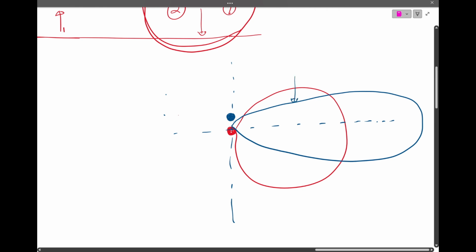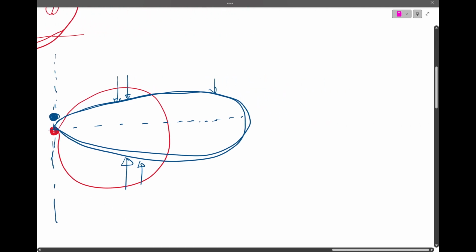It became narrow and more directional, as you see. Approximately 3 dB directional gain will be there, and the beam will shrink in the direction in which the antennas are placed. So if they are placed in a vertical direction, the beam will become narrow in the vertical direction.